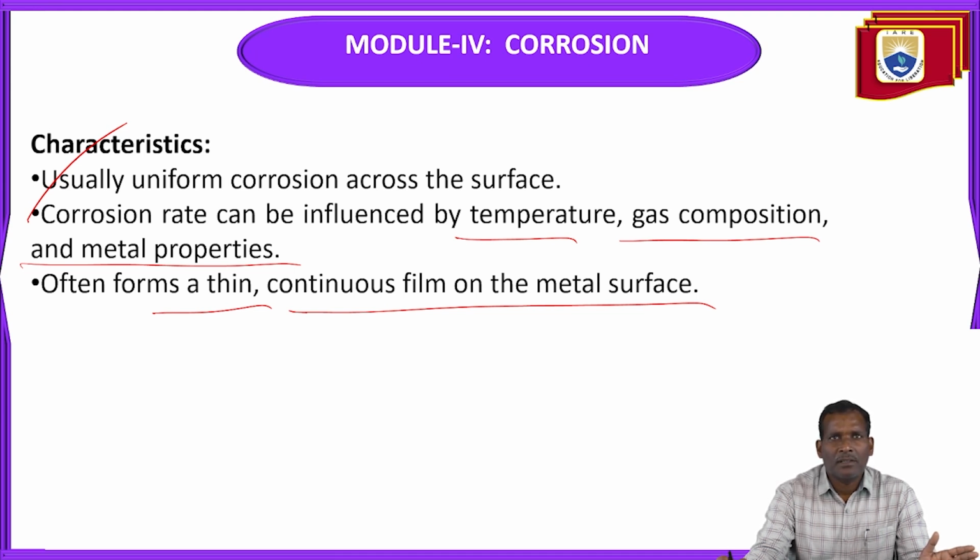The corrosion rate can be influenced by temperature, gas composition and metal properties. It often forms a thin continuous film on the metal surface.